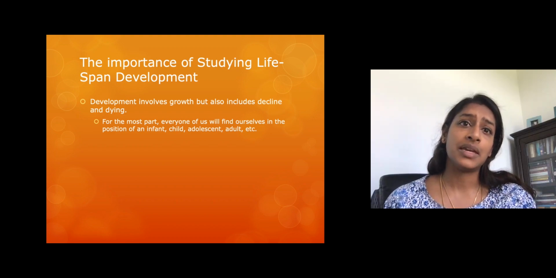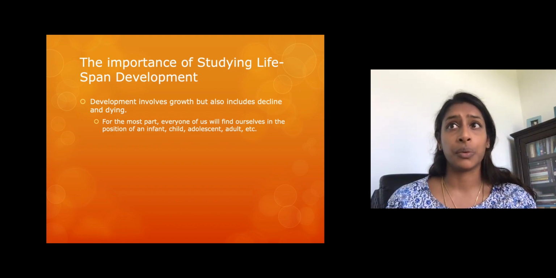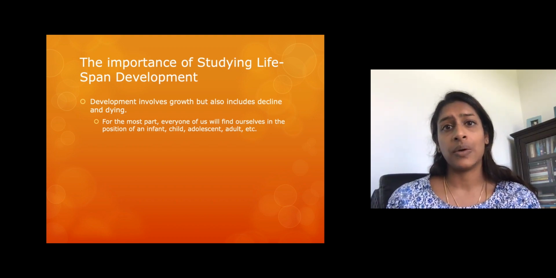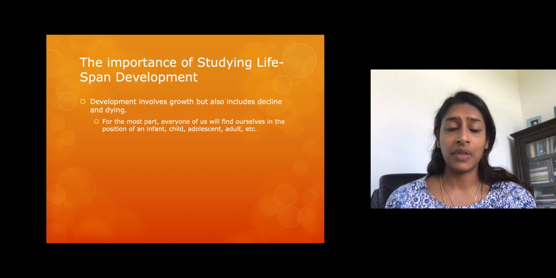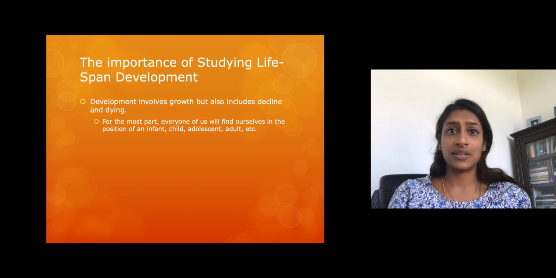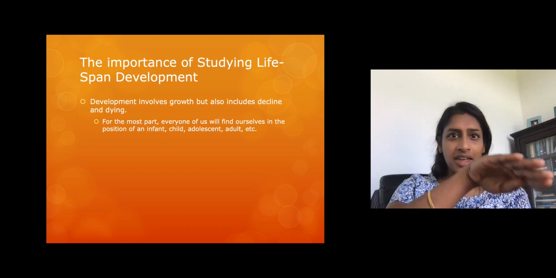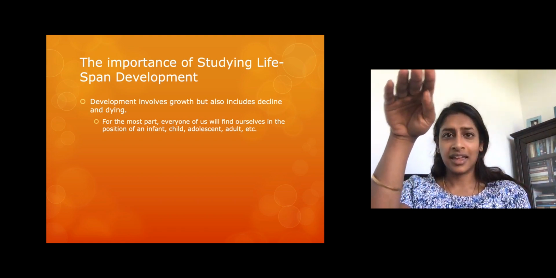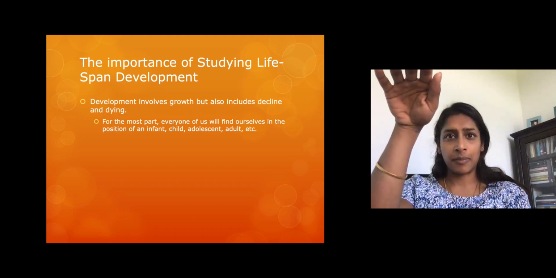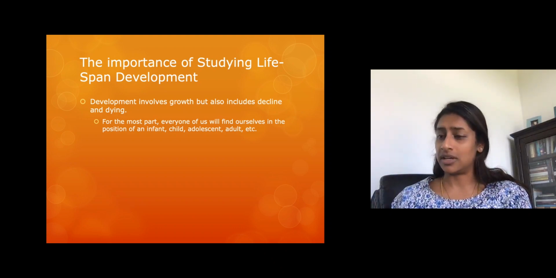And so development itself involves growth, but it also includes dying. So when we think about development, you're going to see for almost every single chapter we discuss that there'll be an increase, a bit of a peak, and then we'll start to decrease.